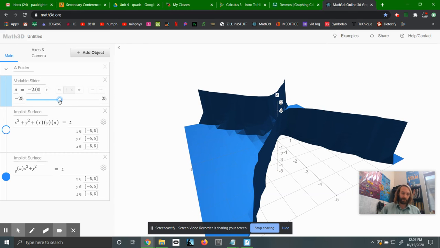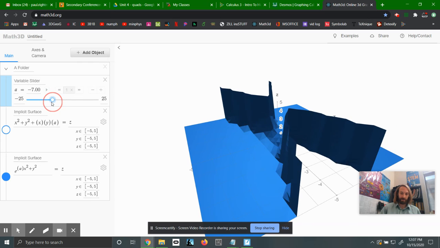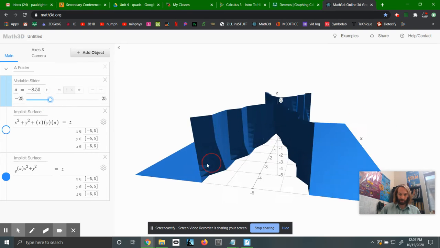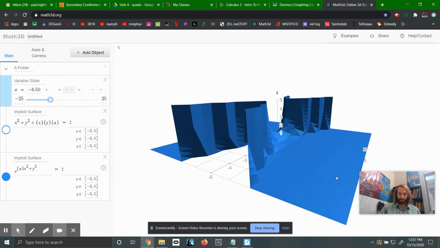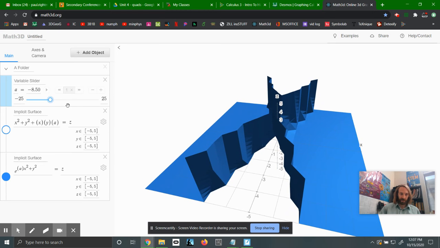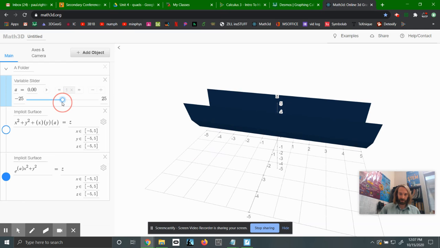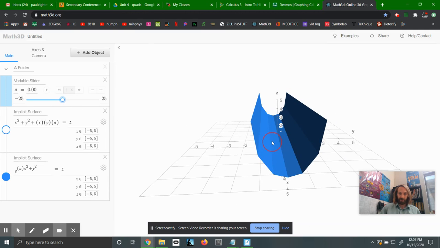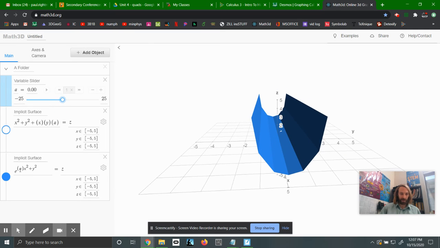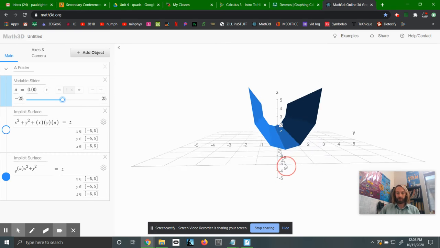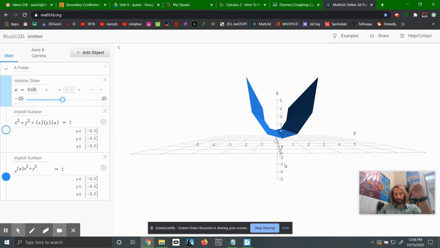If you go further and further down, it basically will flatten more and more in the x direction. And there was this one spot right there. So if A was 0, then you would get just e to the y squared. And that would be some sort of exponential.